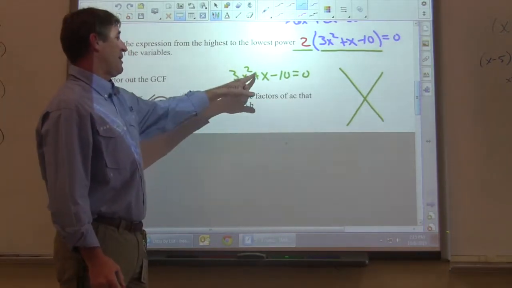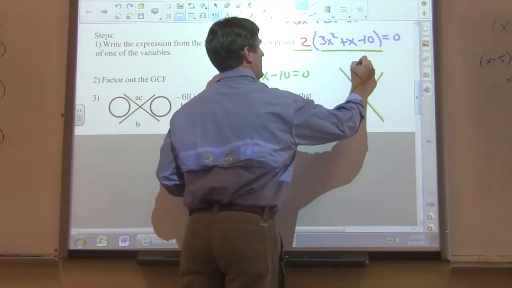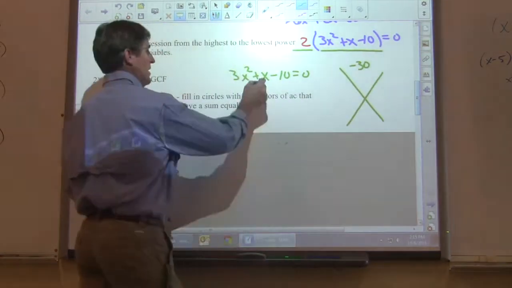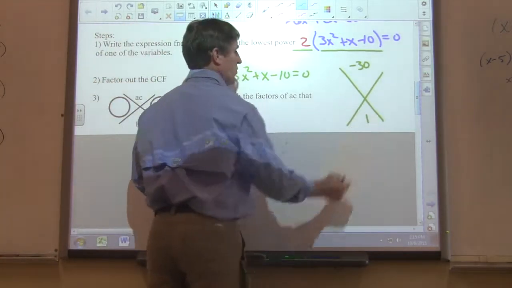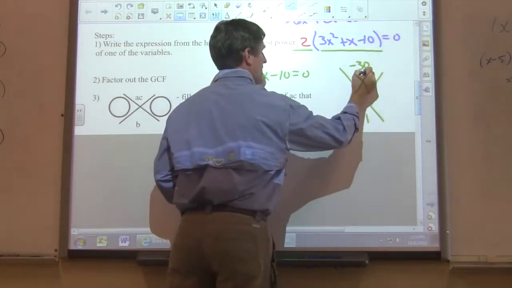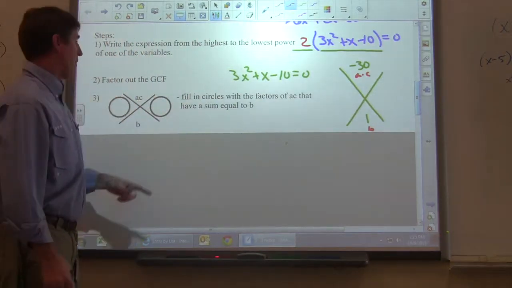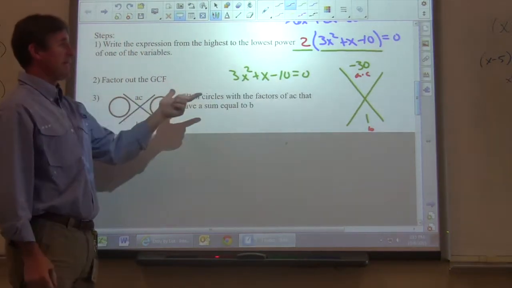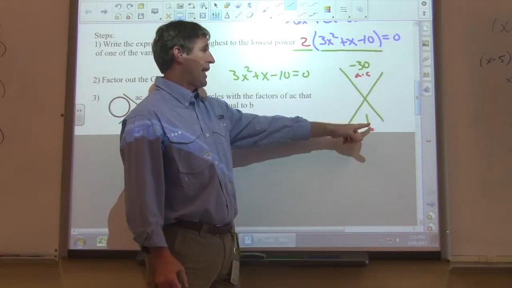So remember, a, b, and c. 3 times negative 10 is negative 30. And b is the number multiplied to x. Since there is no number written there, it's a 1. So again, this is our a times c. This is our b. Now we have to fill these spaces into the side with the factors of negative 30 that add up to 1.